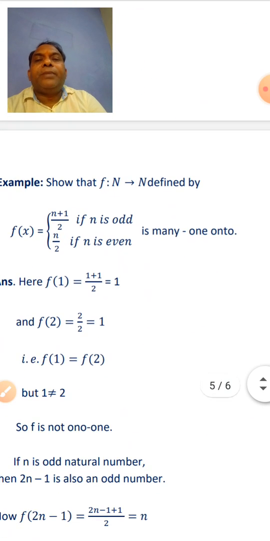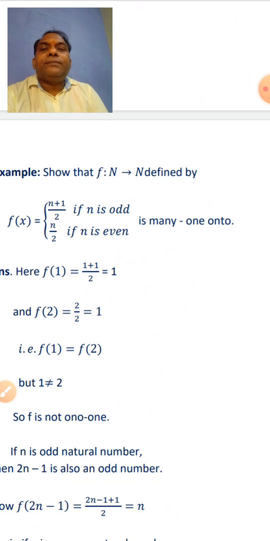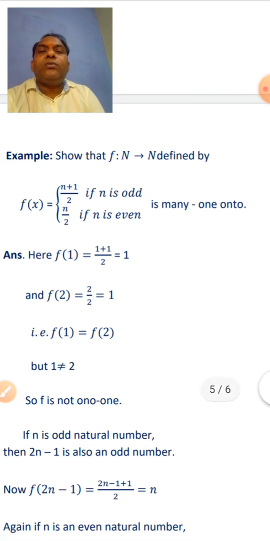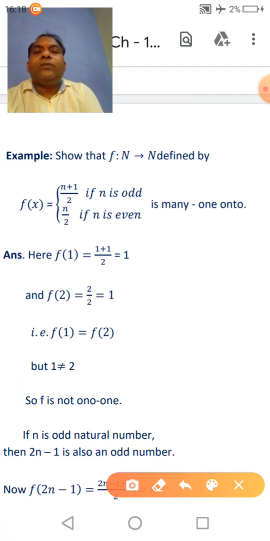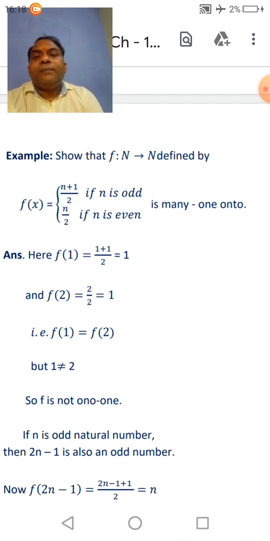Now next example. f: N to N, where N means set of natural numbers. So x belongs to set of natural numbers and y also belongs to set of natural numbers, and function f(n) is defined such that f(n) is equal to (n plus 1) by 2 if n is odd, and it will be n by 2 if n is even. Is it many-one onto? Clear?